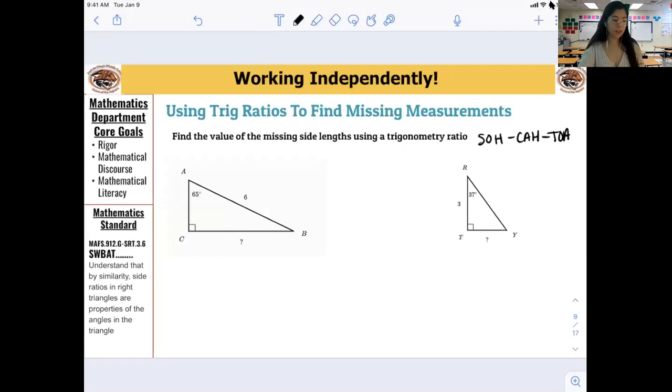Yes, Perla, you can just send me them in the chat, please. You're not supposed to be doing the Pythagorean theorem right now.